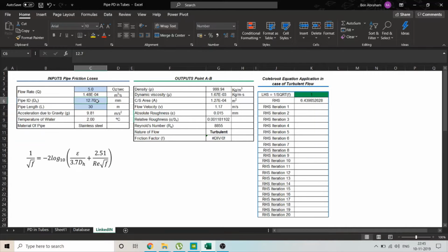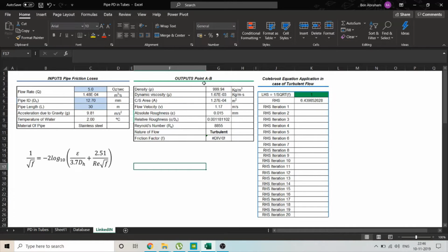That's 12.7 millimeters. I know the pipe's length. It's about 30 meters. I know the acceleration due to gravity, the temperature of the water, and the material of the pipe. Here I've embedded a set of different kinds of pipes that have different values of relative roughness. So for now I've selected the stainless steel option for our convenience.